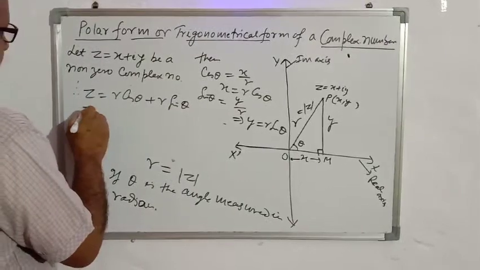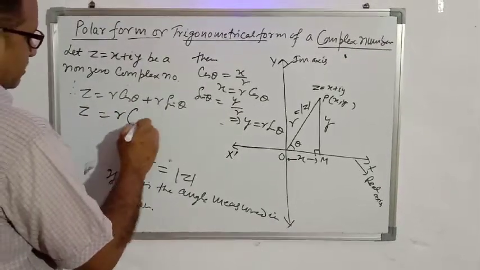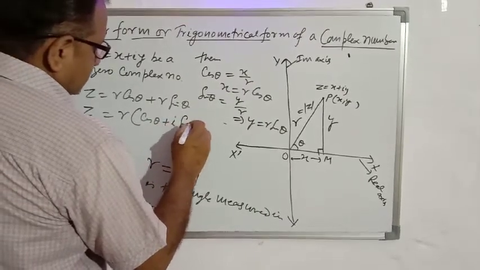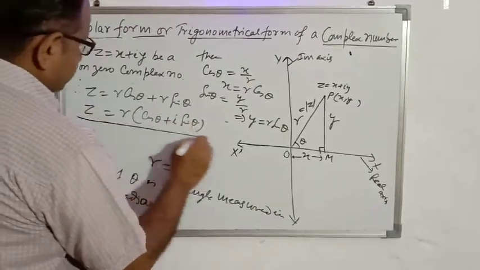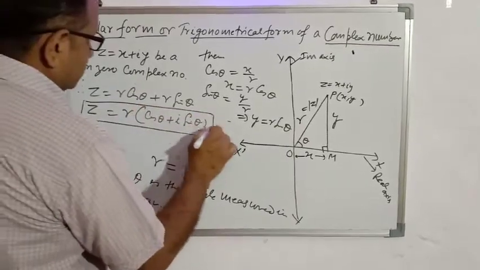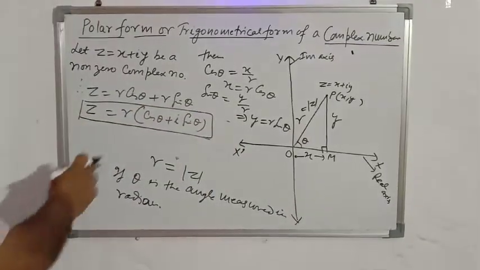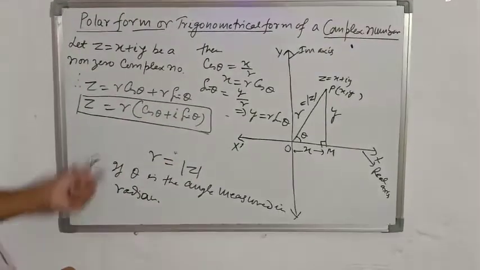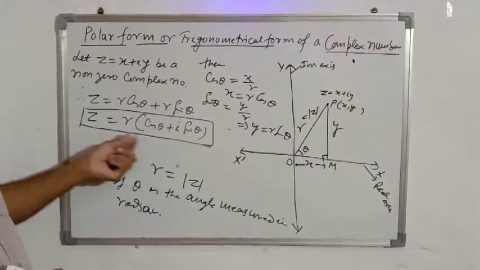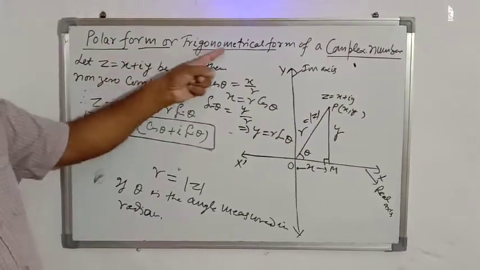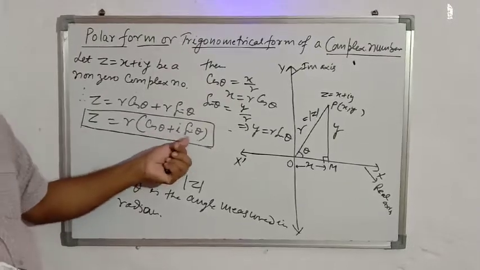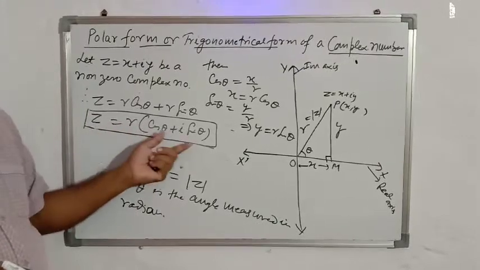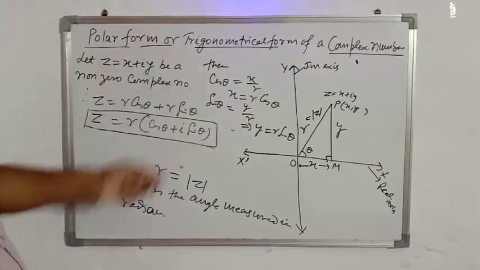We can take r common. Z is equal to r in bracket cos theta plus i sin theta. This form of complex number z is called polar form or trigonometrical form. Sin theta and cos theta are trigonometrical ratios, so this form of complex number is called the polar form of z.